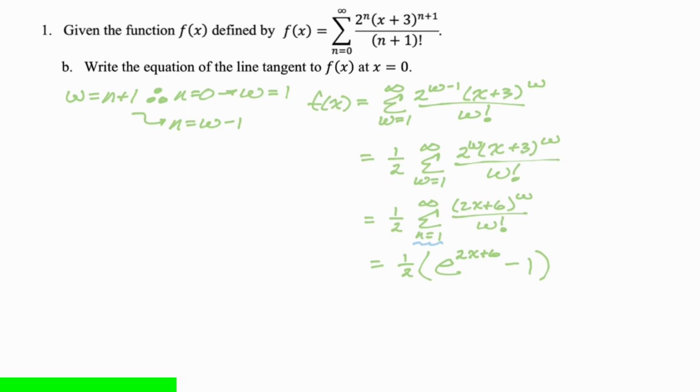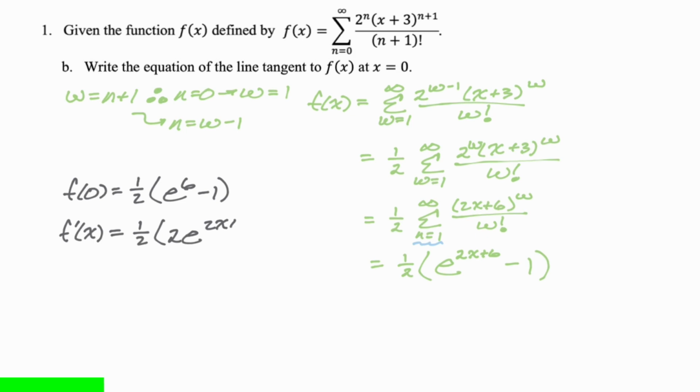That means that f of 0 is just plug 0 into that thing. You're going to get 1/2 the quantity e to the 6 minus 1. If we find f prime, that's going to be the 1/2, and then we'll get 2e to the 2x plus 6. That was really hard to say. Which would simplify, but the important thing is we need f prime of 0.